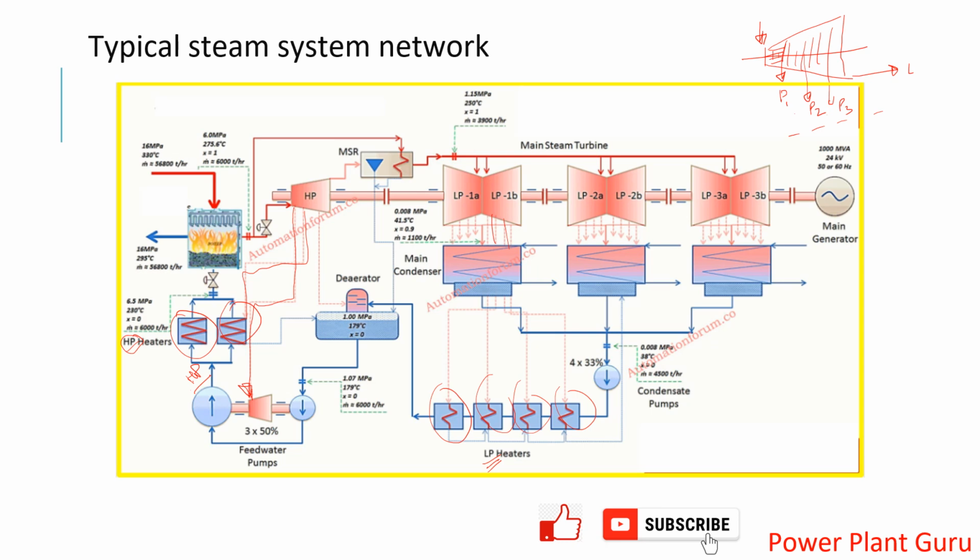Similarly, if you see the deaerator, this is where the feed water is coming, and here you have your extraction from the turbine, where steam comes in for deaeration purposes. But what if the turbine is not started? Then how will this deaeration happen?